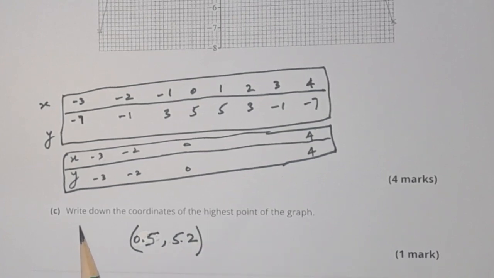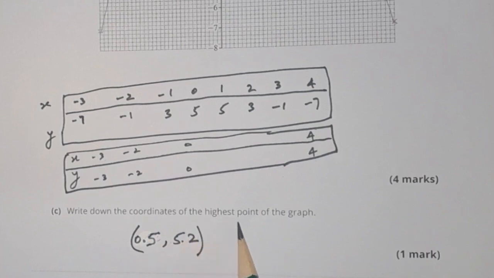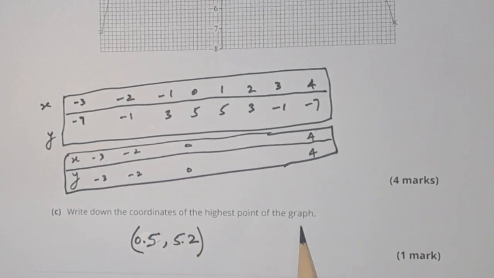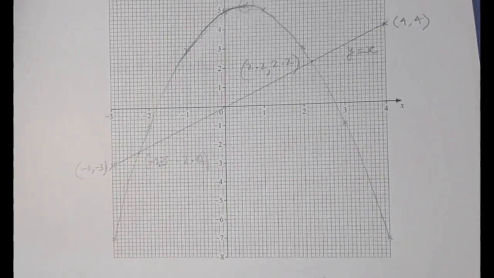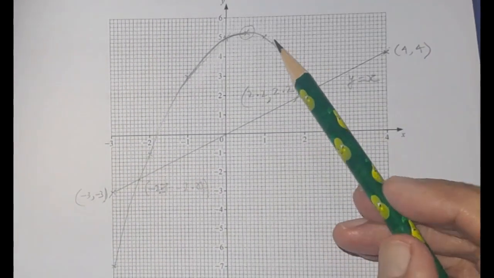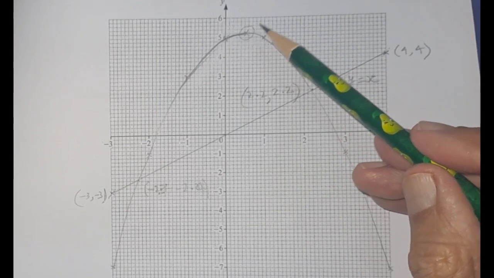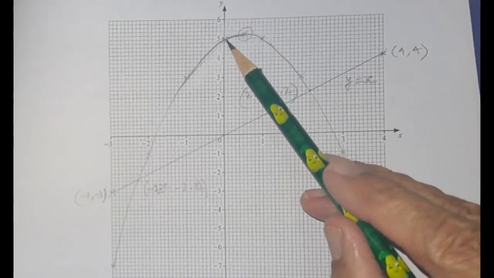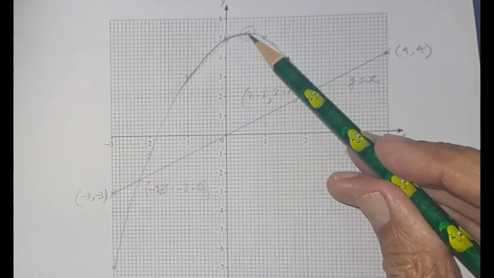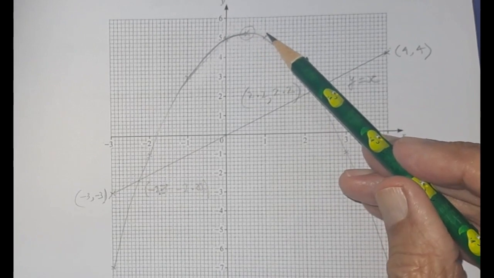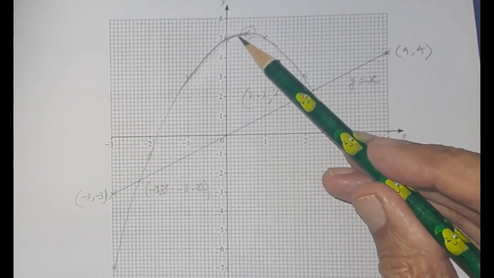Part C of the question asks, write down the coordinates of the highest point of the graph. When we look at the graph, this is the highest point, this one, and the coordinates would be x from here to here and y from here to here, and this x is 0.5 because this is 1, and y is 5.2.